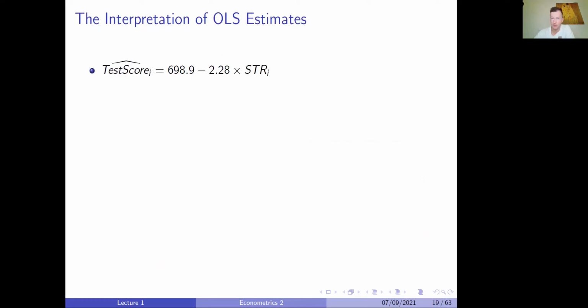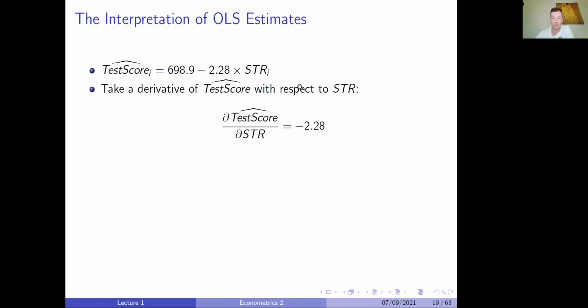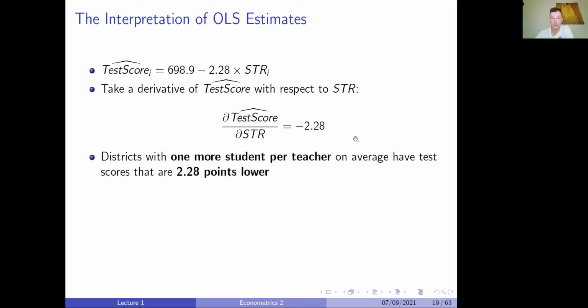So now going to the interpretation of these OLS estimates. If you take a derivative of the outcome, test score, with respect to the student-teacher ratio, we will get this. So this is just the coefficient beta 1 hat, minus 2.28. So what does this mean? Districts with one more student per teacher on average have test scores that are 2.28 points lower.